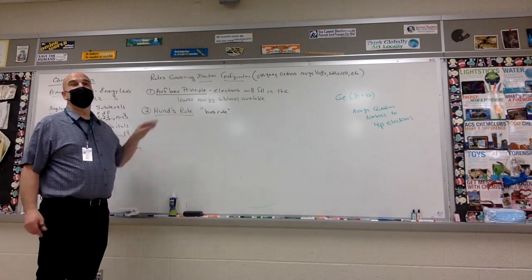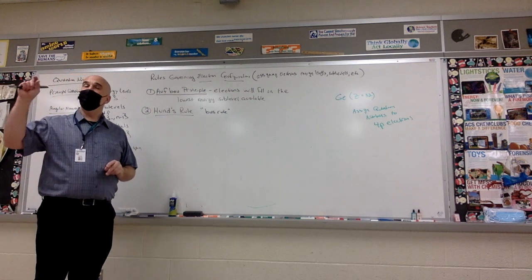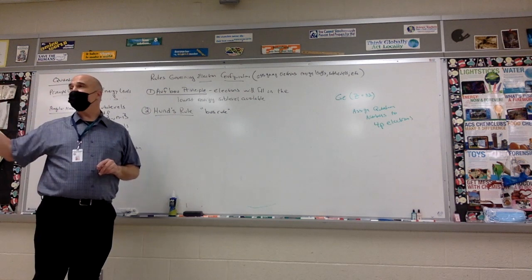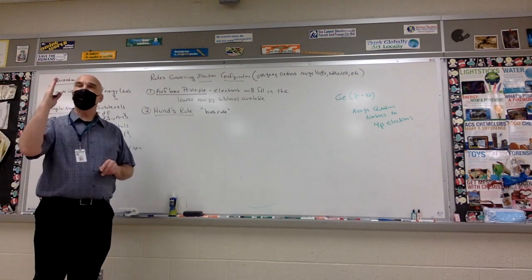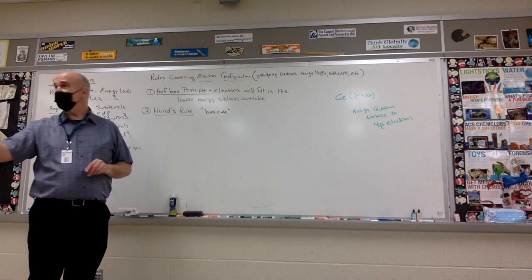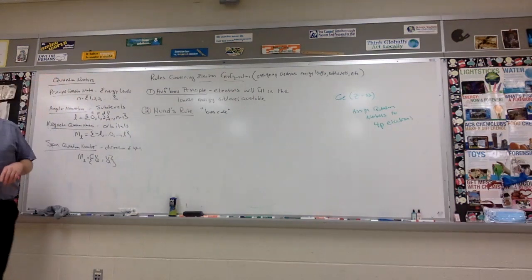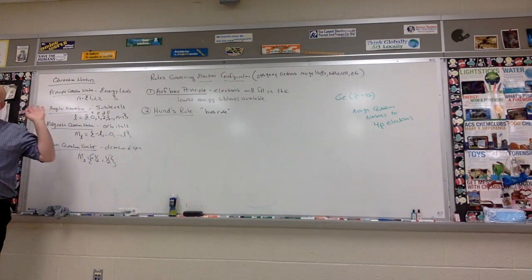Well, what Hund's rule is saying is if there's more than one orbital available in a sublevel, the electrons are going to occupy the orbitals one at a time before they start pairing up. Sort of like when you get on the bus, you're going to try to get your own seat. But if you get on the bus and all the seats are occupied, now you're going to have to start pairing up. Right?